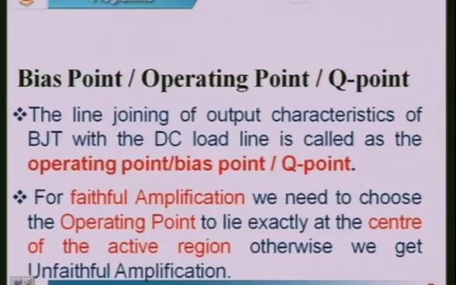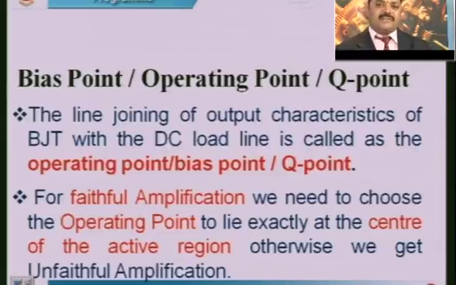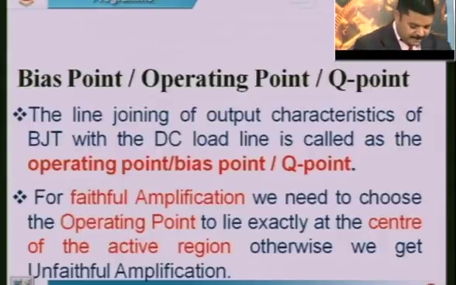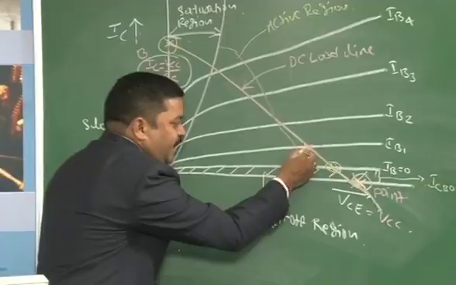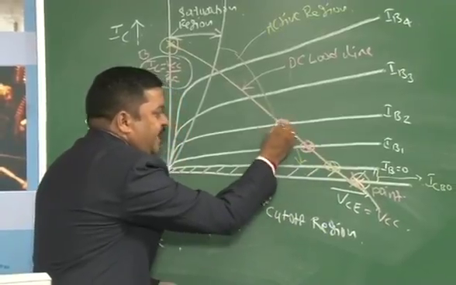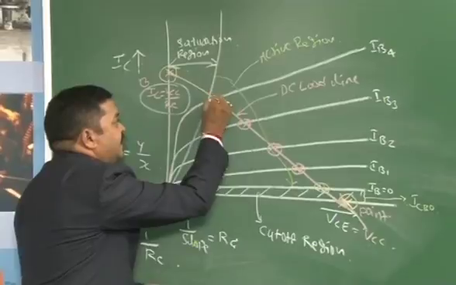Now, what is the use of this DC load line? It is fixing the operating point, or the bias point, or the Q point of the device. The points where the output characteristics of BJT meet the DC load line are called the operating points, or the bias points, or the Q points. Let us say in this diagram, one point is here, I will mark like this, the next point is at this point, next is this point, next is this point.